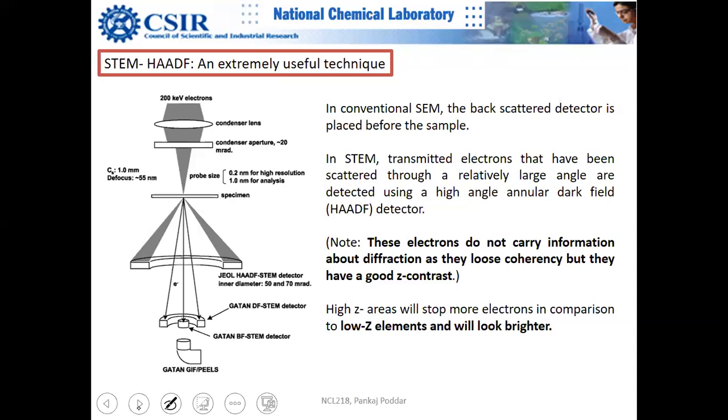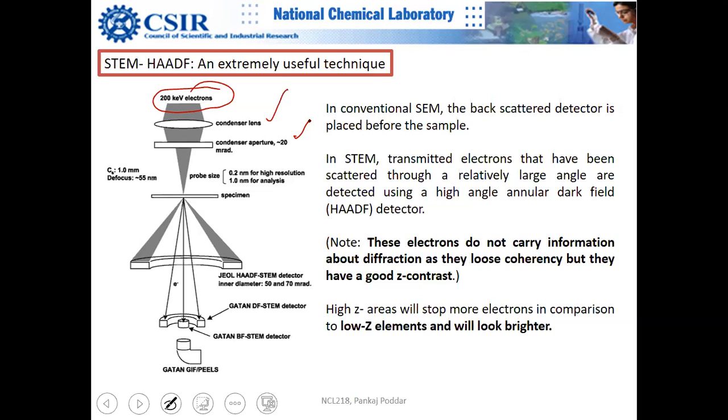So you can see that here we have 200 kV electrons which are coming. Then you have a condenser lens, and then you have a condenser aperture. Through the lens arrangement, I will tell you how you make the beam the way you want.